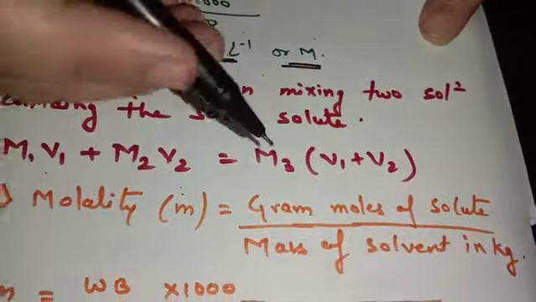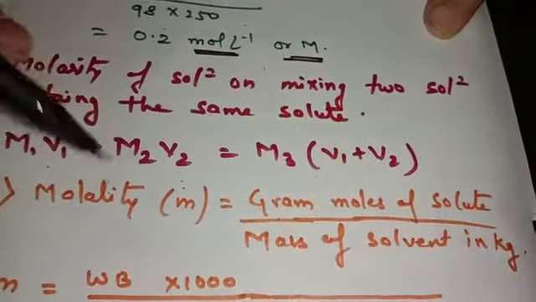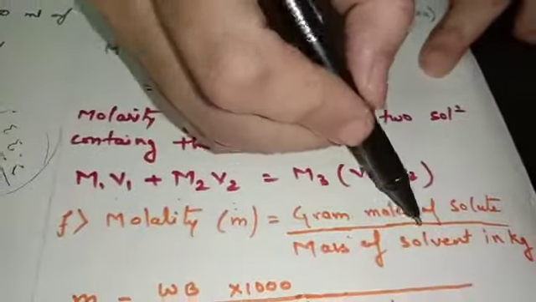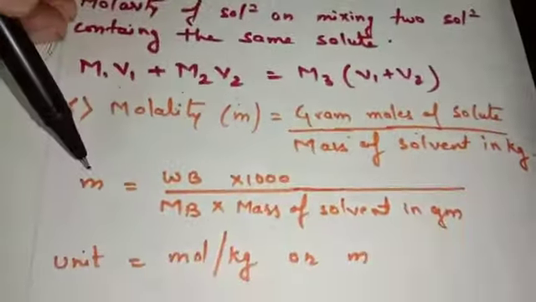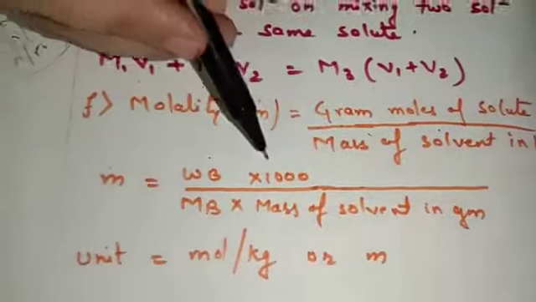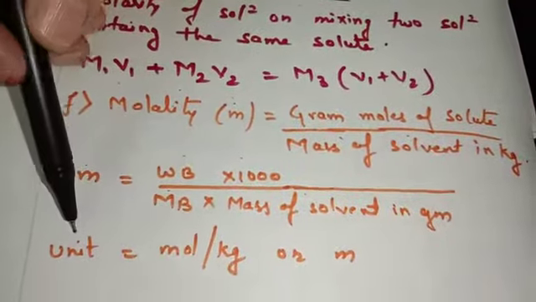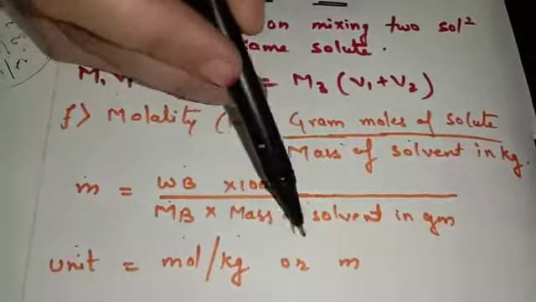Here what is the difference between molality as well as molarity? In molarity I have considered volume of solution, whereas in molality I have considered mass of solvent. Again the formula, small m, is Wb into 1000 upon Mb into mass of solvent in kg, and its unit will be mole per kg or small m.